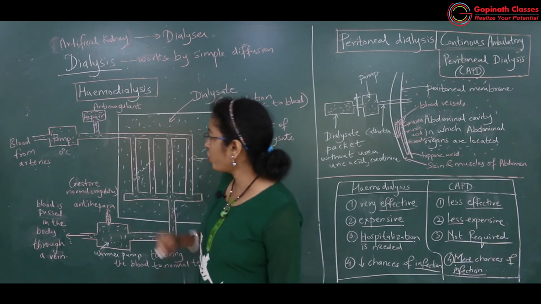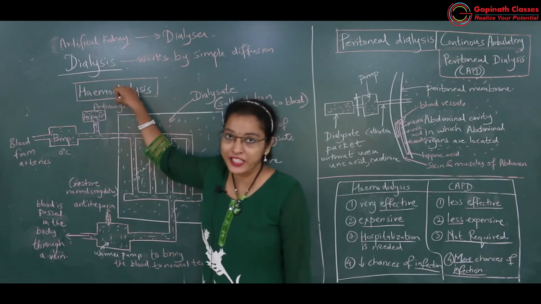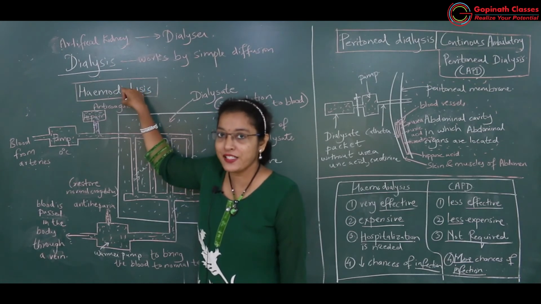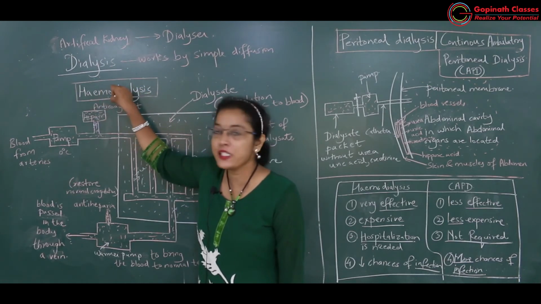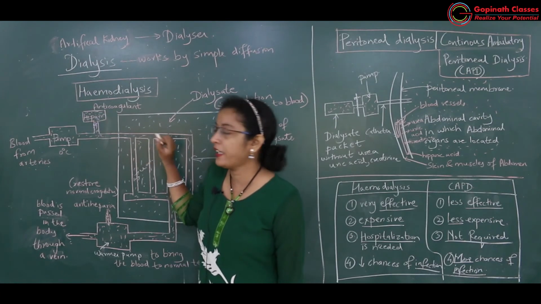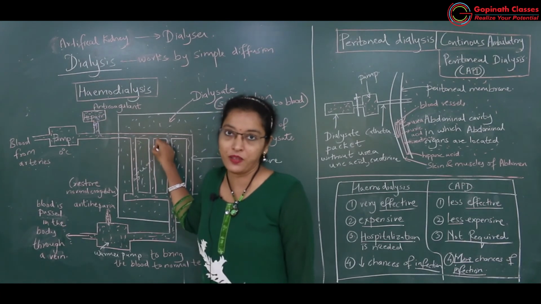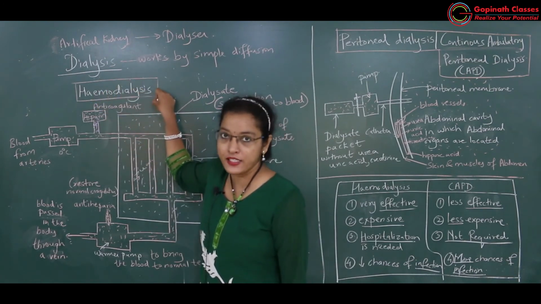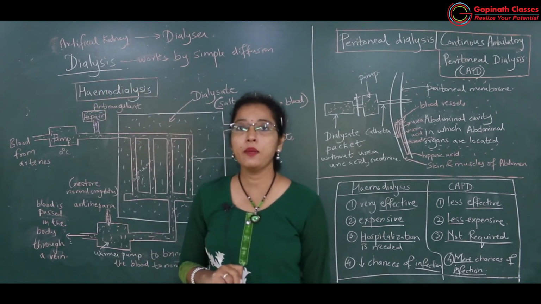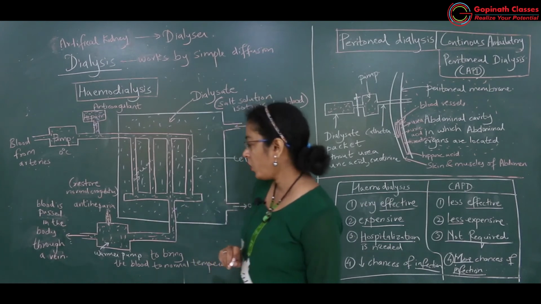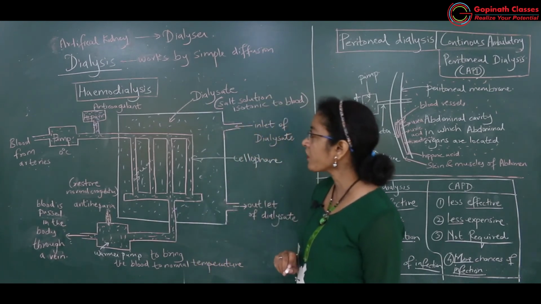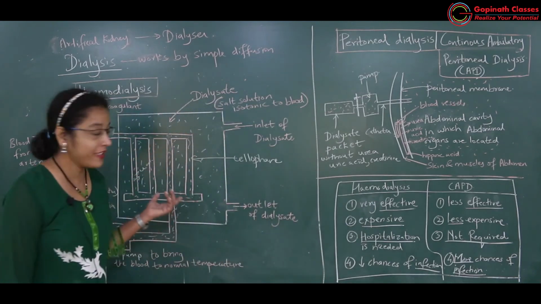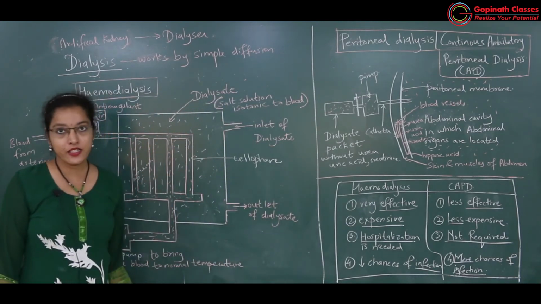So all of you understood how is the working of hemodialysis, hemodialyzer. Hemodialyzer, hemo means blood, blood pass हो रहा है ये dialyzer में. Okay, that's why the name given is hemodialyzer, and the process is hemodialysis. Okay, got it? So this is all about the very first type of dialysis, that is hemodialysis.